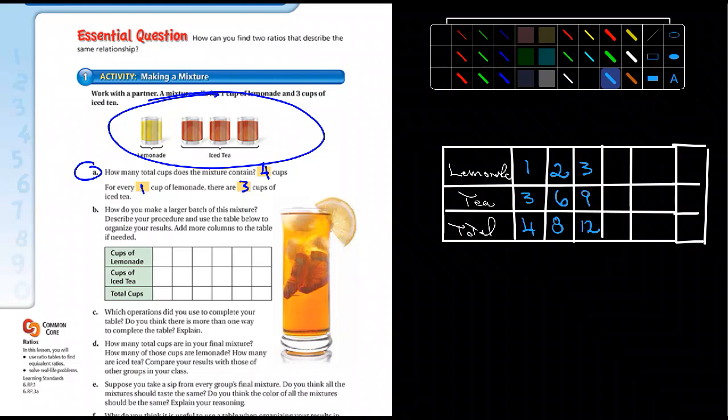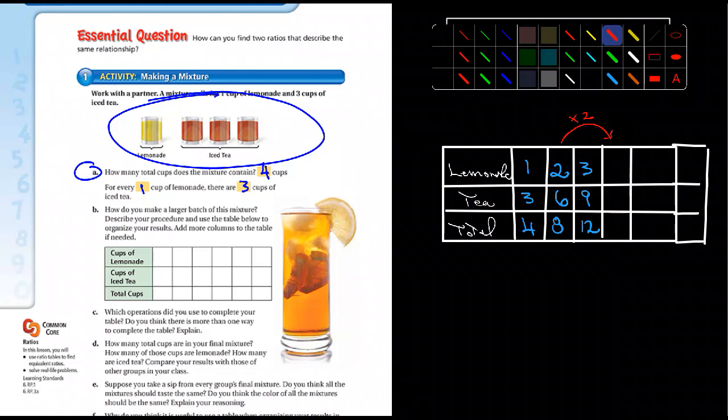If you double it, you would get 4 cups for lemonade, 12 cups for tea, and 16 cups for the total. I'm just going to jump ahead here because you said you doubled it. So I put a little arrow and a times 2.